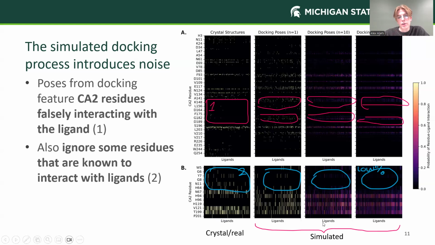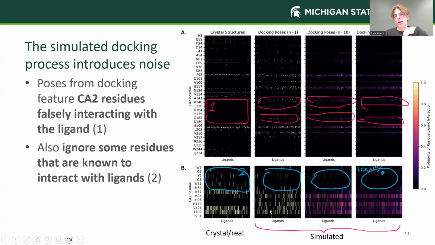And then the blue marks that I marked are residues that are known to interact with ligands on CA2 in a docking setting. Up here in the crystal structures, there's definitely some action around the known residue parts.